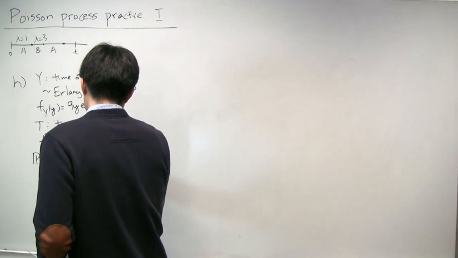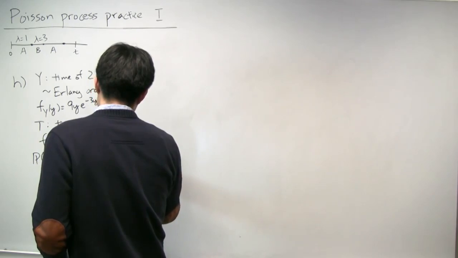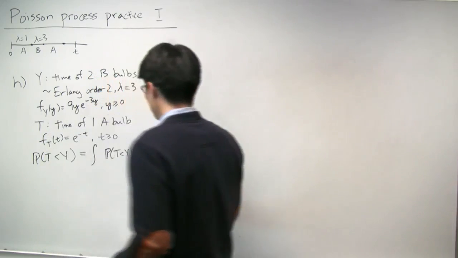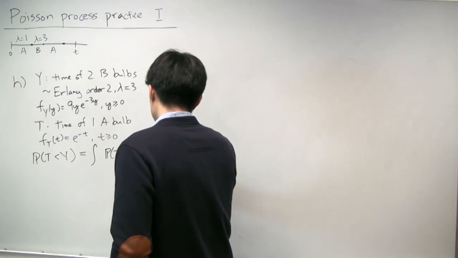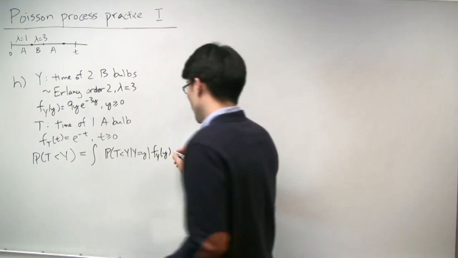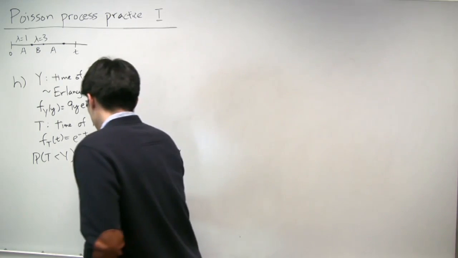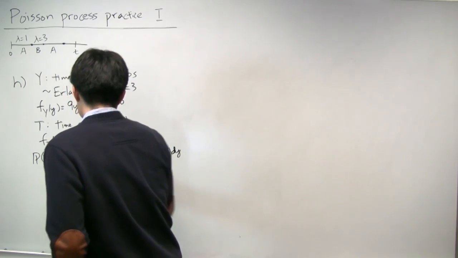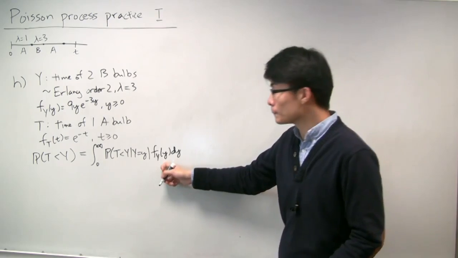So let's condition on Y being some little y. So there's that conditional probability. Then we multiply that by the density of Y at that little y and integrate. And we should integrate from 0 to infinity because that's the range of values for Y.